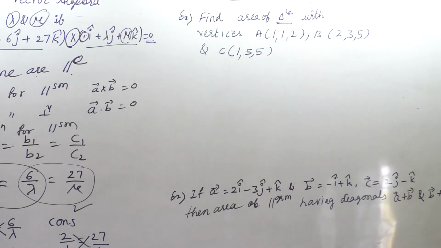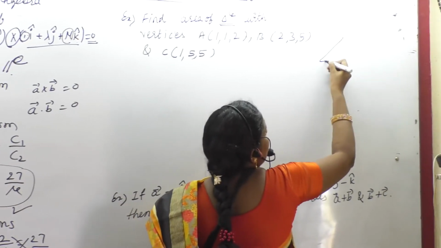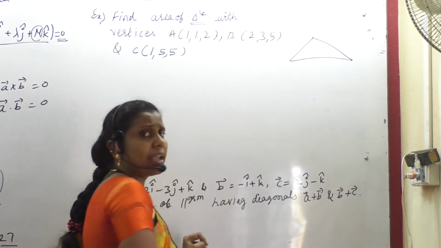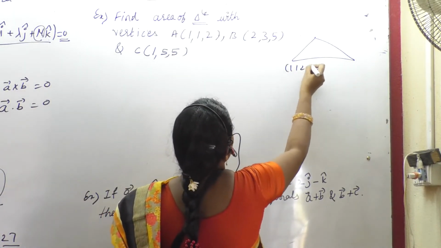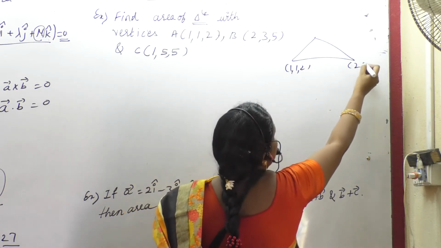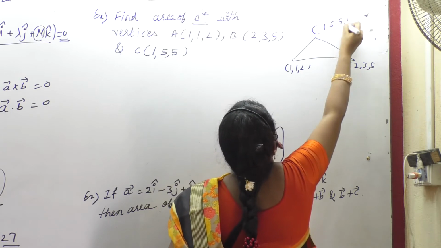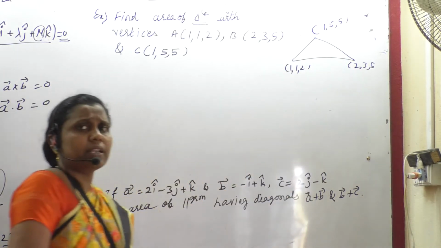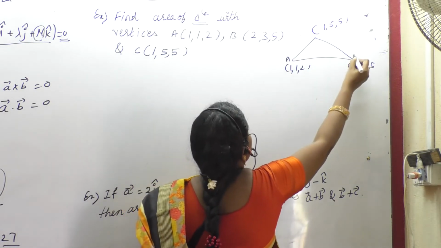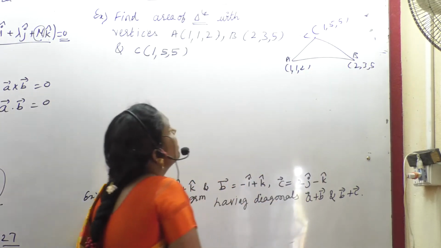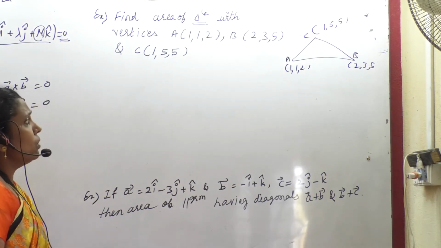Here I will make one rough sketch of a triangle, with 3 points: 1, 1, 2 and this one 2, 3, 5. Not actually according to the real measurement, a rough sketch you can take. I will label the points A, B, C. This is sufficient.